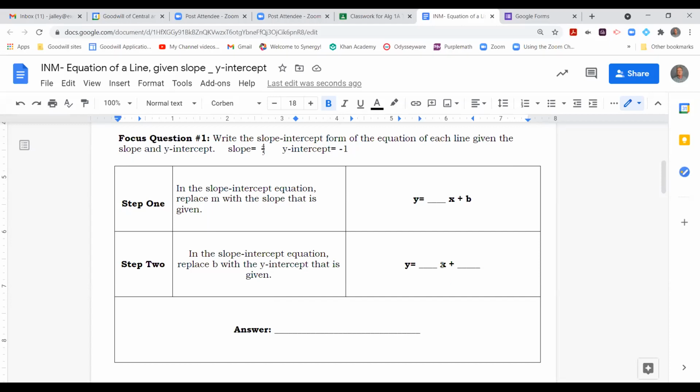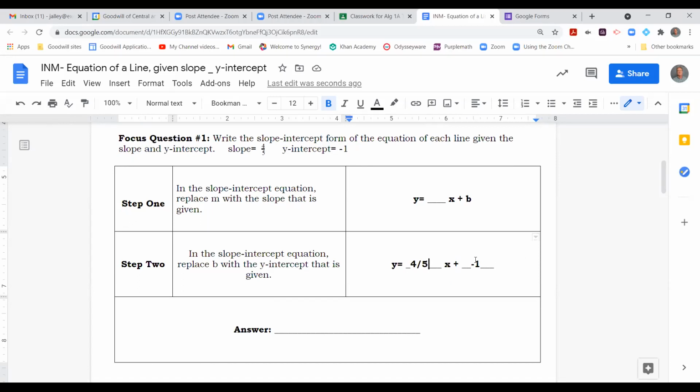The y-intercept of -1, put that in where the b goes. And what you'll see, once you start doing that, not -b, -1, sorry. So 4/5 will go here in the first blank because that's where m naturally goes.